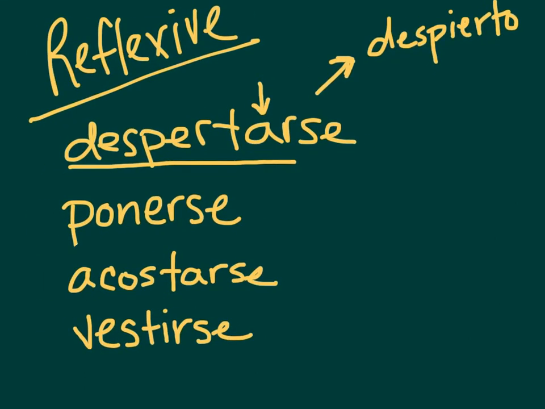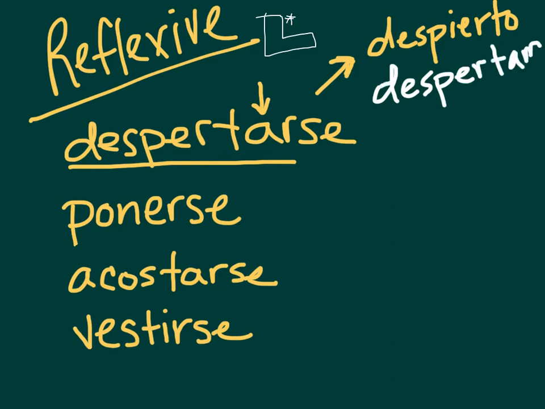Remember, because it's a boot verb, in nosotros form we go back to the original stem. So what that means here is that despierto is the yo form, but despertamos is the nosotros form.